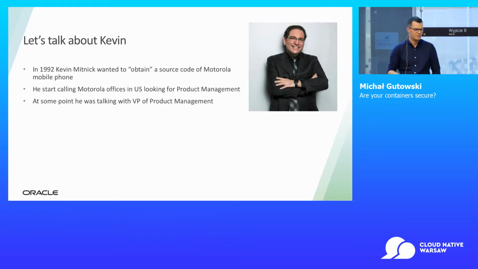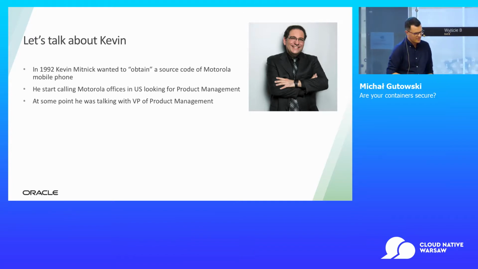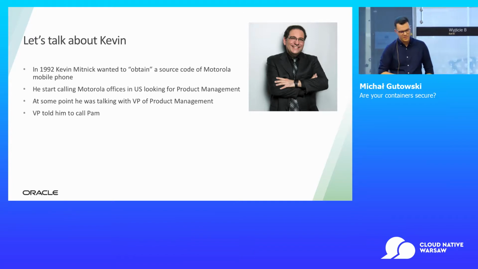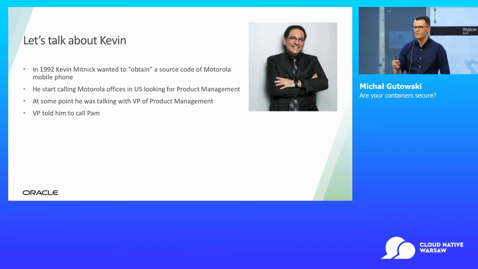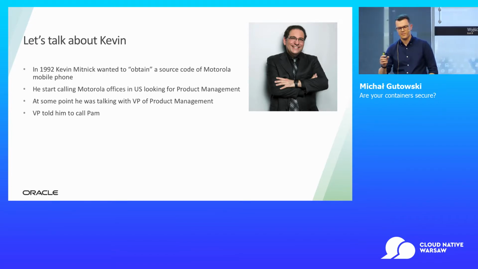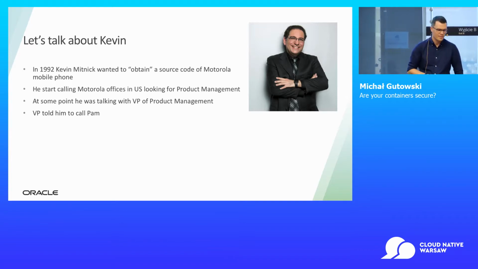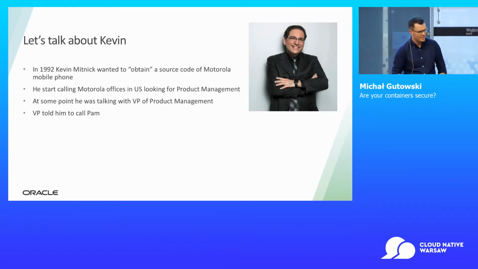Yeah, he got connected to a big guy, and the VP asked him, "Hey, are you one of those Arlington Heights guys?" And he said, "Yes, obviously." Arlington Heights is a town in Illinois where Motorola used to have R&D center, right? The VP told him, "Yeah, talk to Pam because she's from my team and she will be able to give you the source code for your tests."